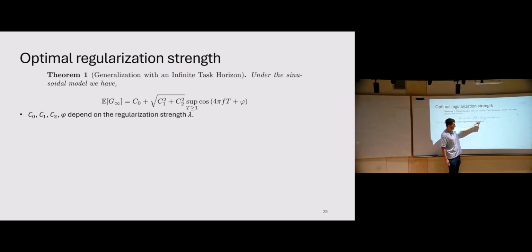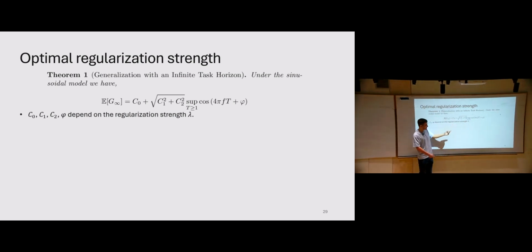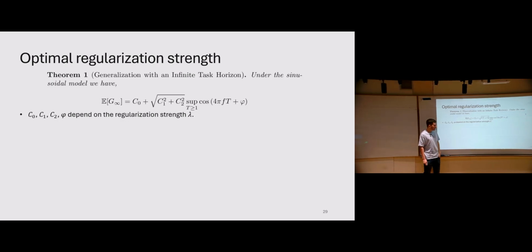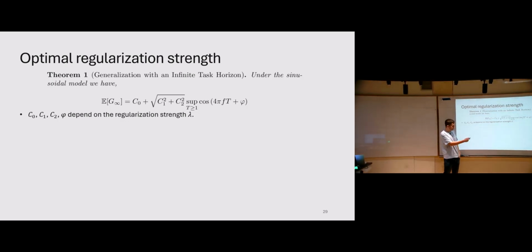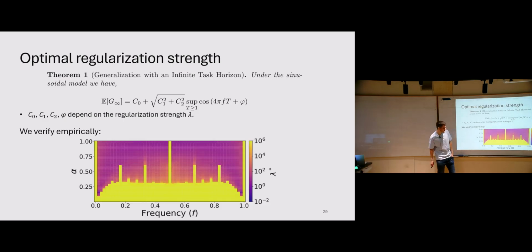When f is irrational, there is one paper that showed that the supremum over the cosinus is 1. But the dependence of C0, C1, C2, and phi on the problem parameters is very non-trivial. We can't really solve this, we can't really find the optimal regularization strength, so we verify empirically.